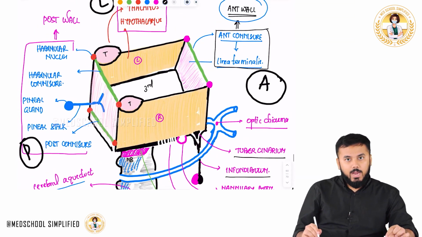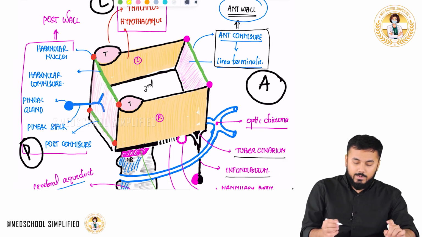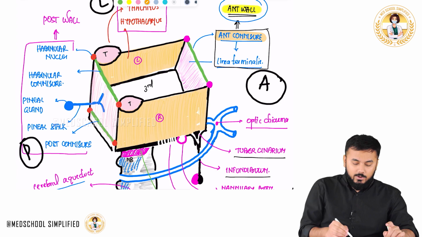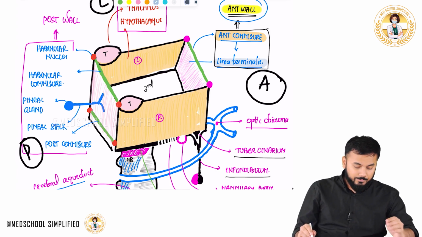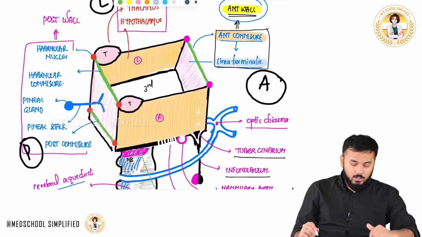Let us discuss the anterior wall. It has two important things. One is the anterior commissure, and the other is the lamina terminalis. First the anterior commissure is there, and beneath that you have the lamina terminalis.